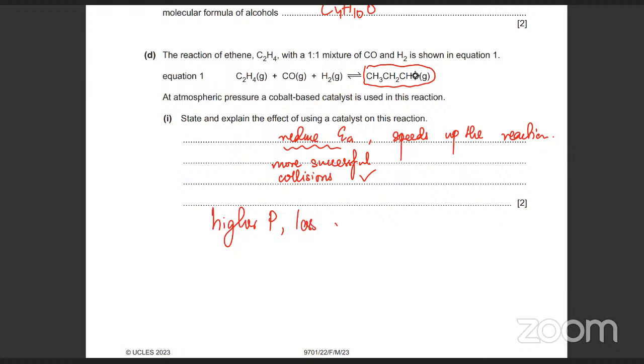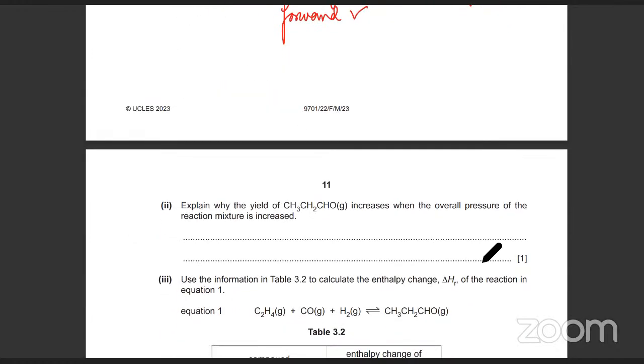Forward. Less gas, लेकिन उसमें आप लिखोगे less gas mole side is favored. And that's forward, ठीक है? That's why the forward reaction is going to be favored, or the forward reaction will be relatively faster.